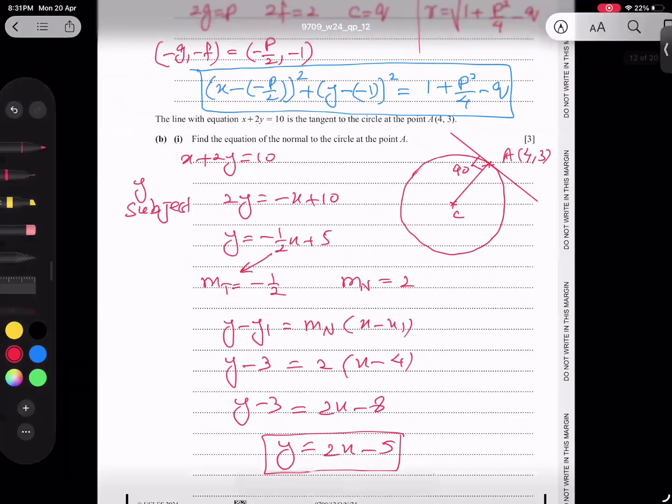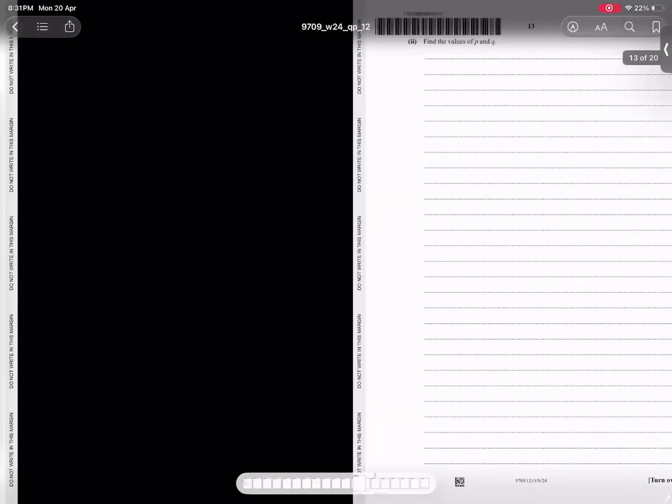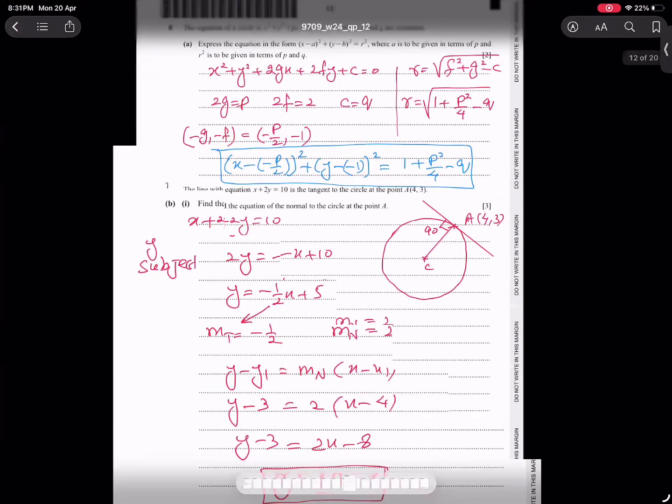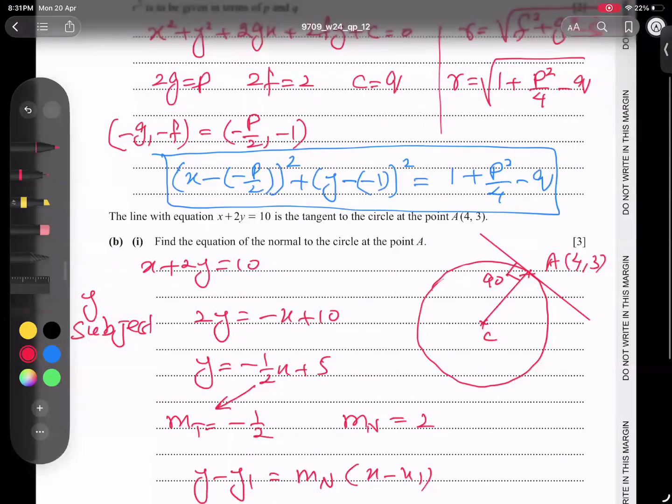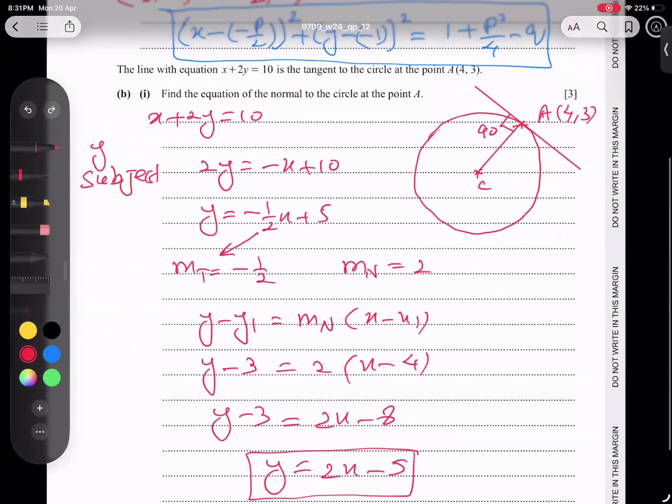And the question is, oh no, one part is left behind. The second part, p and q, we have to find. So what is the important point we have, students? One part is very clear: the distance formula is equal to the radius. And we can say here this is the equation of the normal.